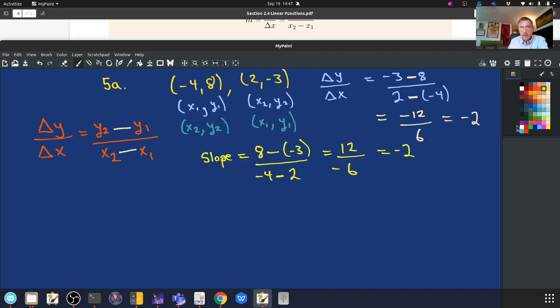And the other point here, big, huge note, slope is a real number whenever it exists.